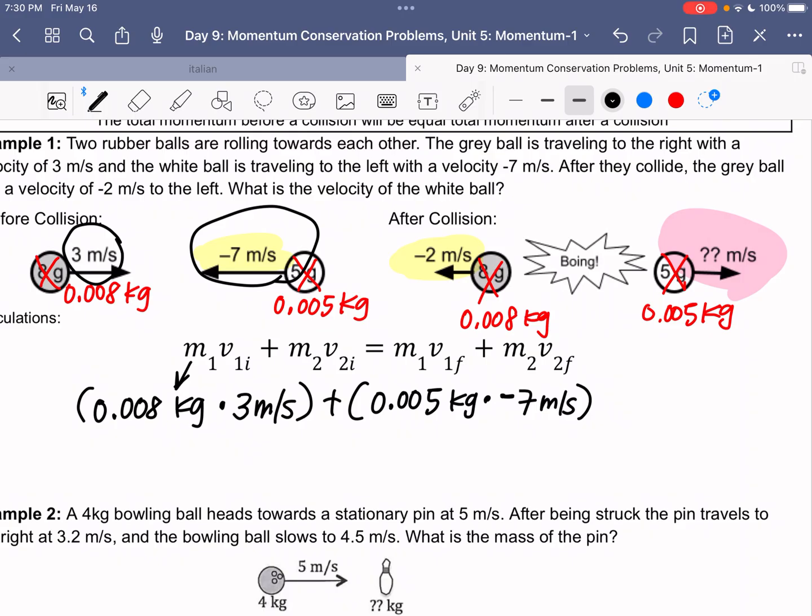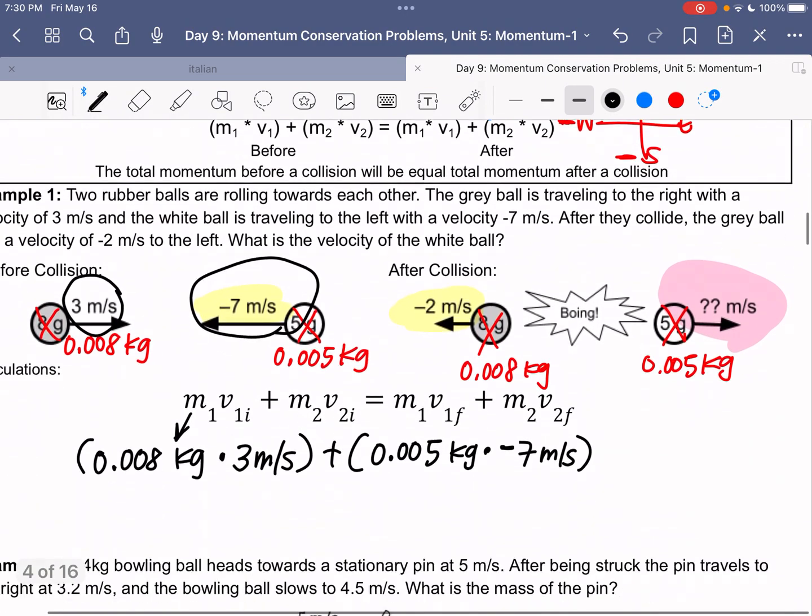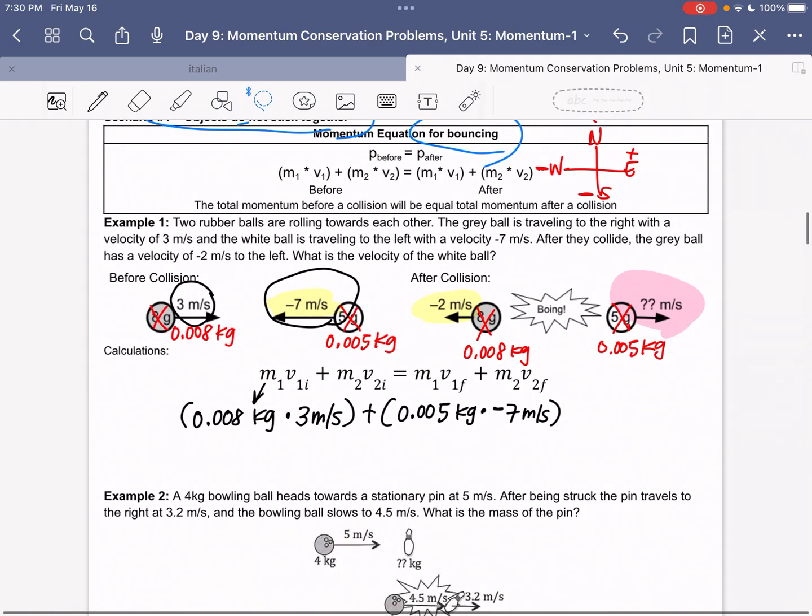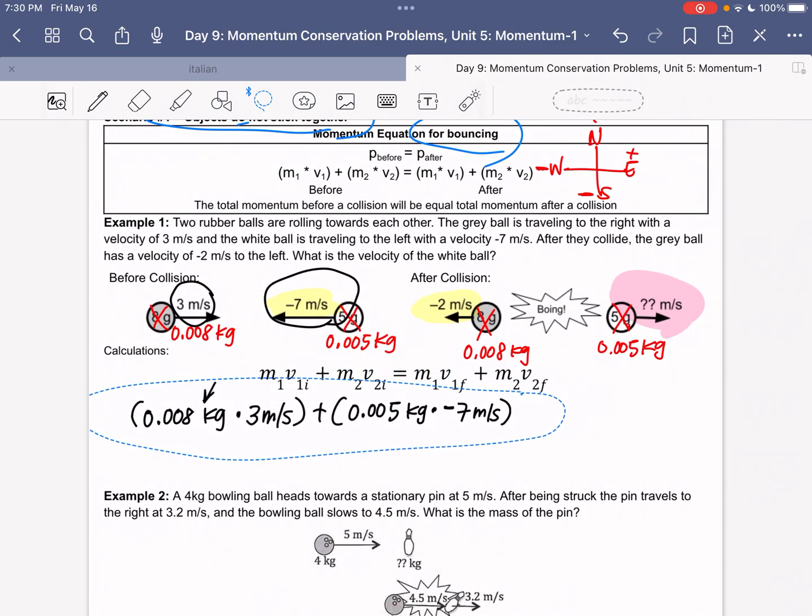The negatives are very important. Okay? Wow, I'm running out of space, but guess what? I'm on my iPad, so I could just move it around.